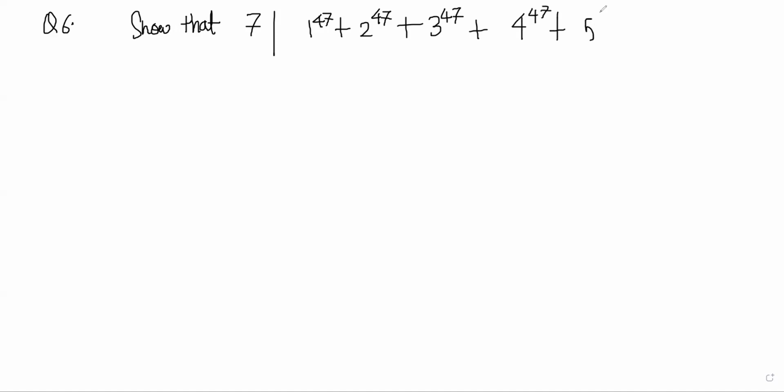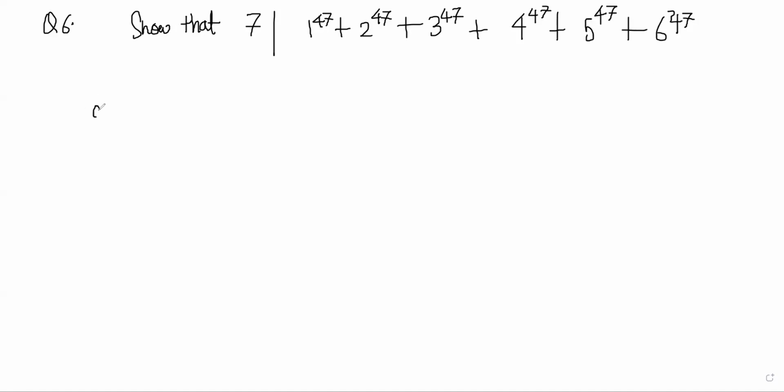Show that 7 divides 1 power 47 plus 2 power 47 plus 3 power 47 plus 4 power 47, 5 power 47 and 6 power 47. It's a pretty simple question.